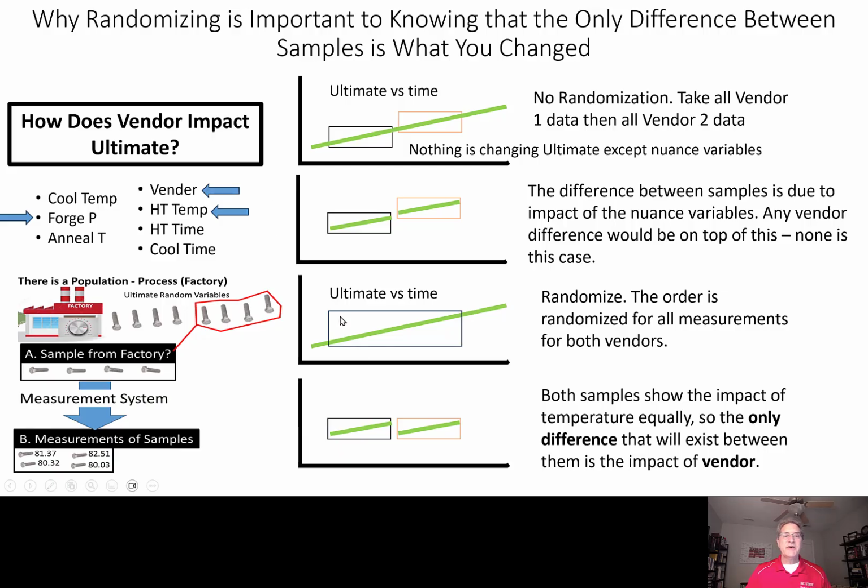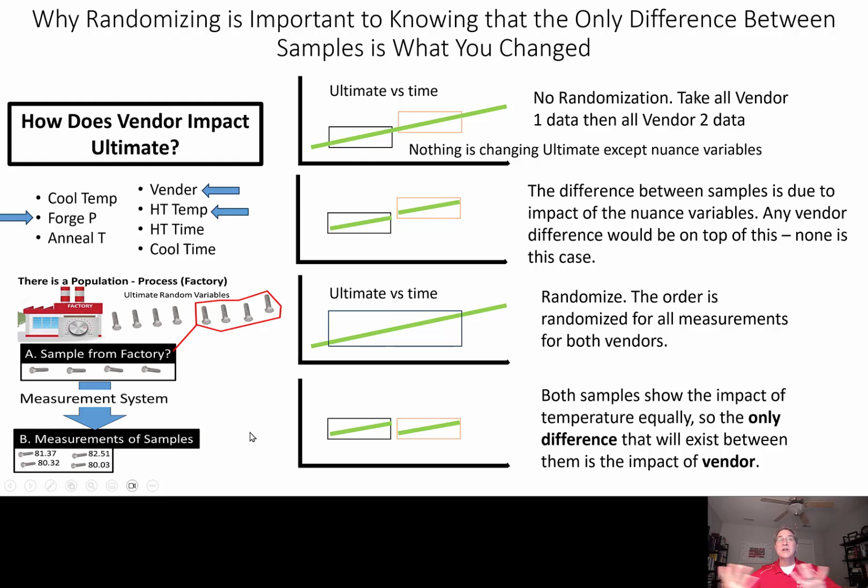Now, the nuisance variables usually don't change linearly like that, but they affect things over time. So by randomizing, whatever effect those other variables are having, we're doing the best job we can to spread their impact evenly over the other factors that we're changing. That's the best that we can do. Is it possible they change in a way that still impacts one a little bit more than the other?